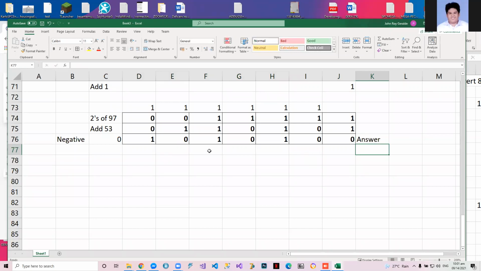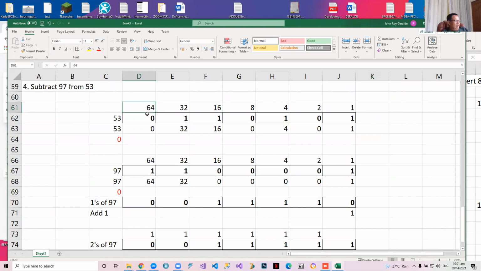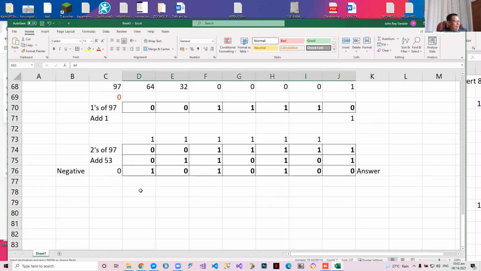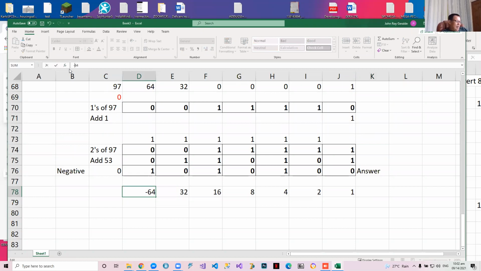There's a way to check, no? This is a 1, okay? You just try to compute the value in reverse. Since this is a 1, we will assign this a negative 64. If it's a 0, we'll extend it one more and assign it a value of 1 and a weight of negative.